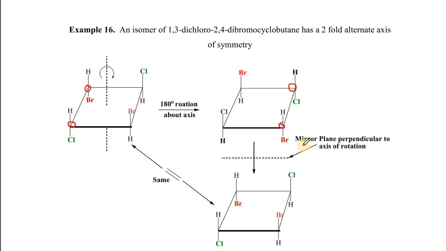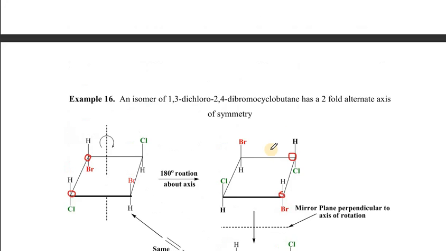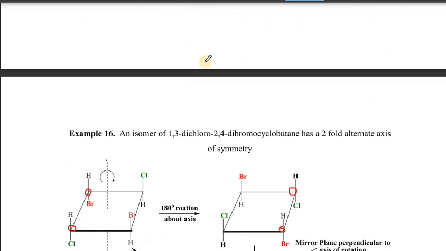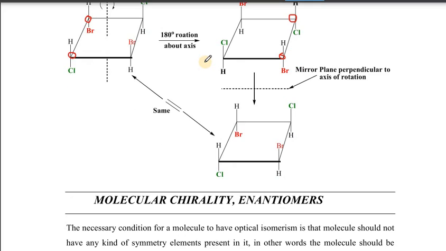That is, we can say there is a mirror plane perpendicular to the axis of rotation, and this is the mirror plane, and so it has an alternating axis of symmetry, a twofold axis of symmetry. So this is how the elements of symmetry are defined. First is the simple axis of symmetry, second is the plane of symmetry, third is the center of symmetry, and fourth is the alternating axis of symmetry.